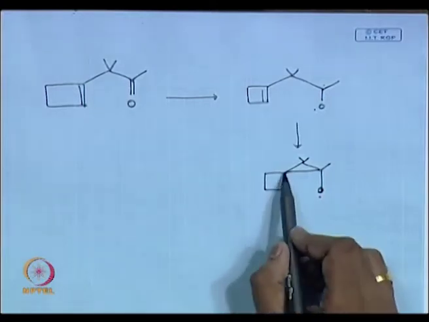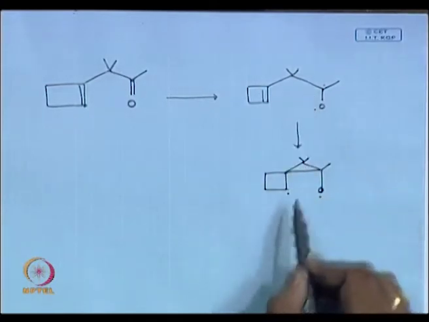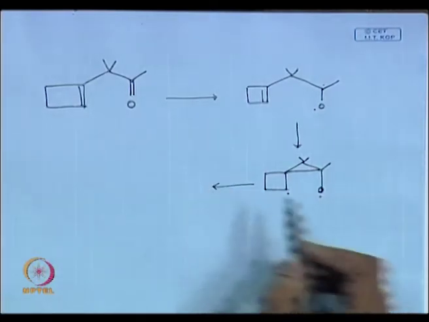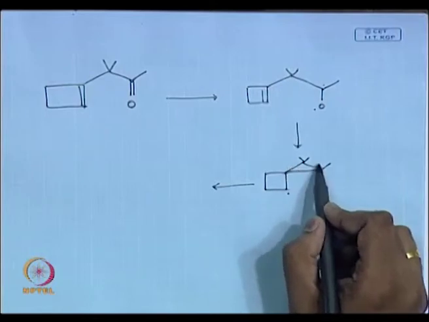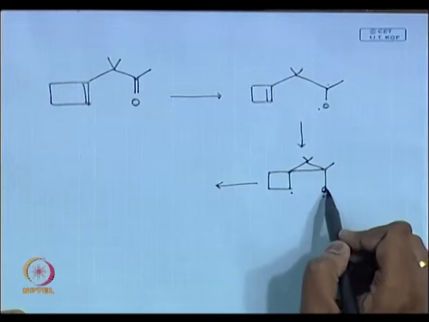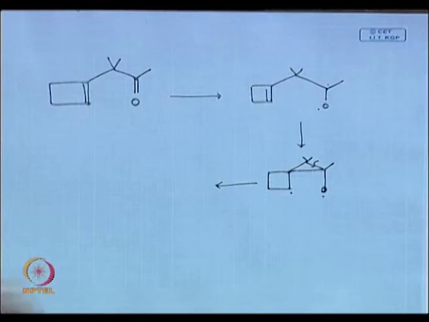So I am just doing a cyclization here, so that I get a radical and radical. Then you just cleave it off. You want to cleave this direction or this one? This one is better, right? So that I can get a ketone back. Now write the structure, I just want to see how you write it.